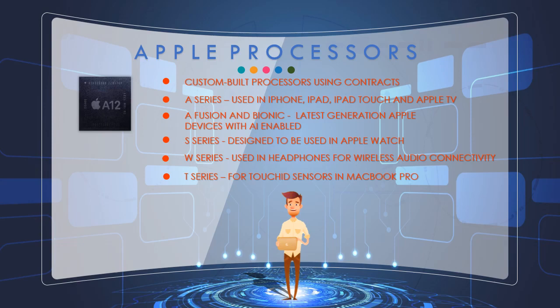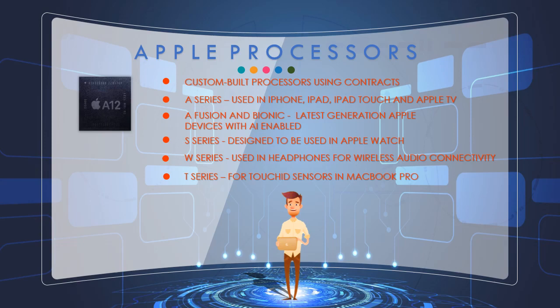Bionic chips you may have heard of, because nowadays iPhones come with these Bionic processors. The latest version is A14 Bionic. The latest generation of Apple devices are artificial intelligence enabled with A Fusion and Bionic chips.